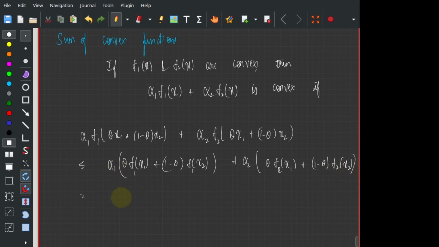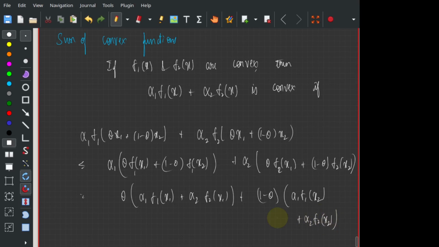So that this would be equal to theta times alpha 1 f1 of x1 plus alpha 2 f2 of x1, plus 1 minus theta times alpha 1 f1 of x2 plus alpha 2 f2 of x2. So this is what we want.